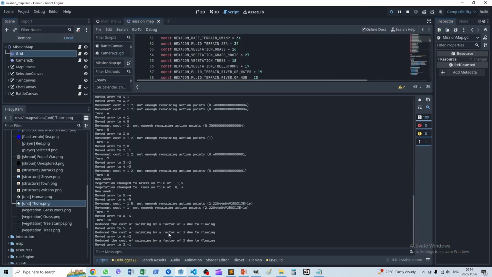And if we look at the log, each time we moved onto one of these river water tiles, the cost was reduced by a factor of 3 because of the river's flowing ability.